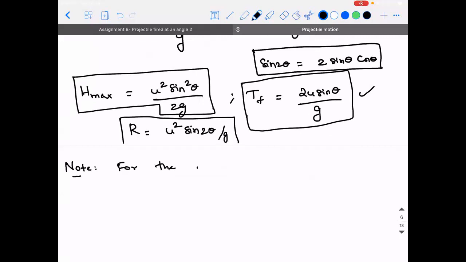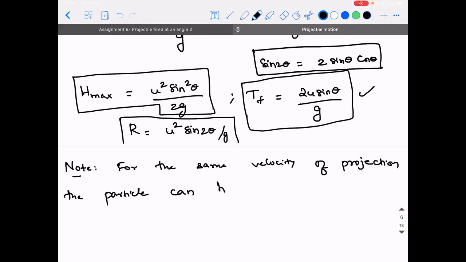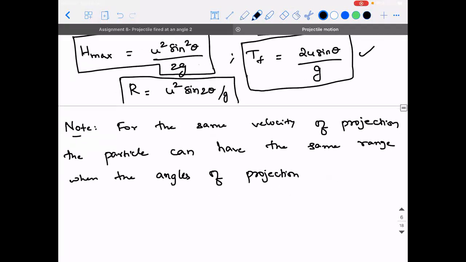For the same velocity of projection, the particle can have the same range when the angles of projection are complementary of each other.